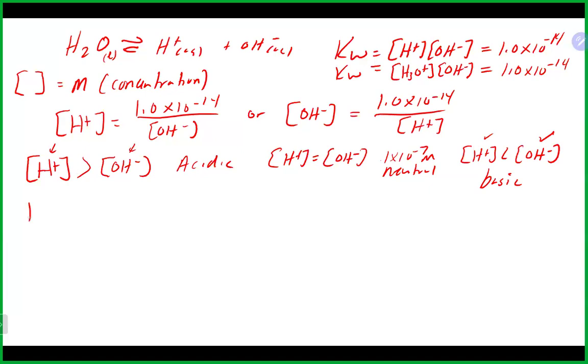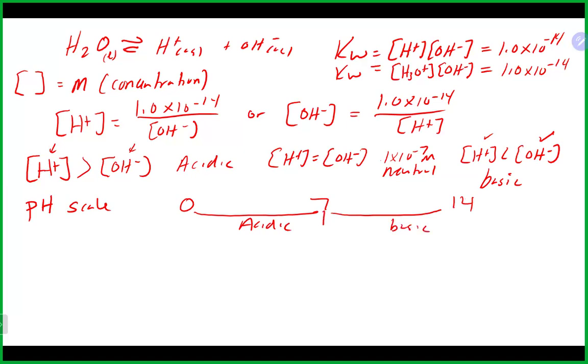Most of the time, though, we do roll with the pH scale as what we look at in terms of trying to determine if something's acidic, basic, or neutral. It runs from 0 to 7 to 14. Again, below 7 is acidic, above 7 is basic, and really right dead on 7 is neutral.